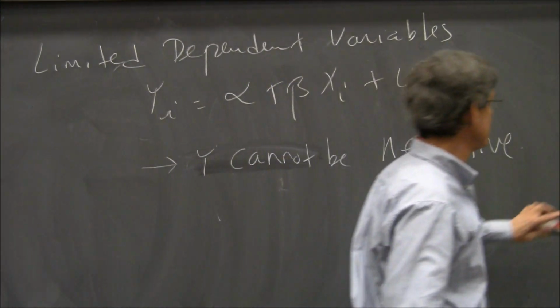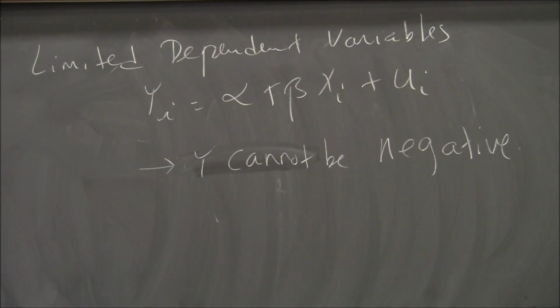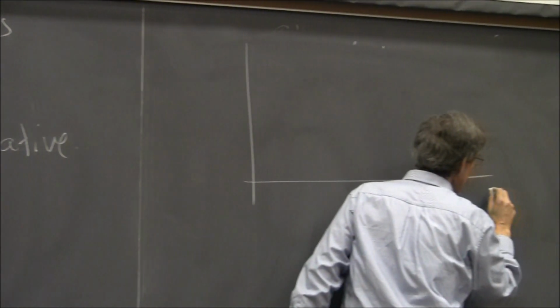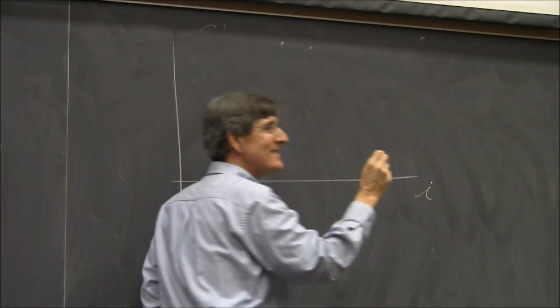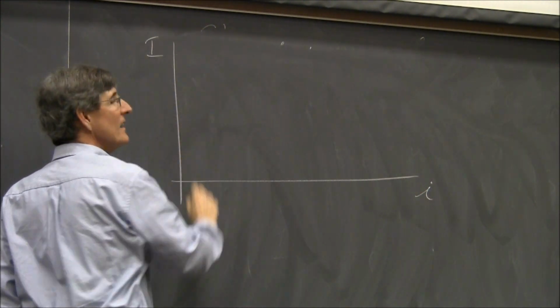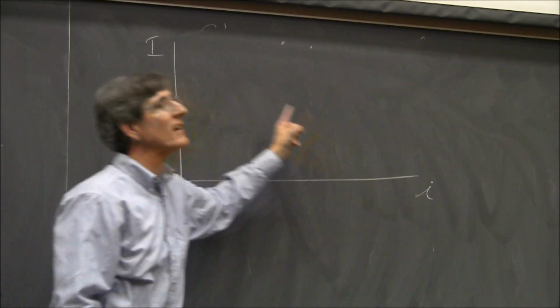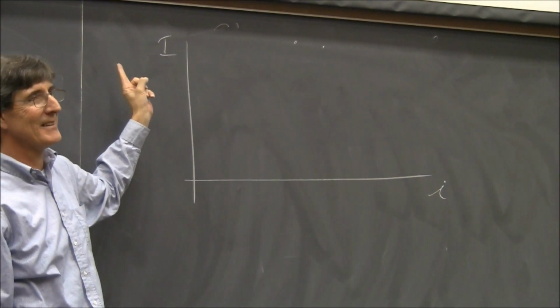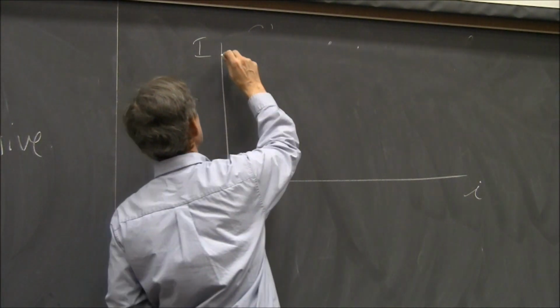This one probably works best with an example. Now I'm going to switch the axes because in economics we get them mixed up and I want to get the causality right. So I'm going to put the interest rate on this axis and investment on this axis, because I'm thinking that interest rate causes investment. They're negatively related.